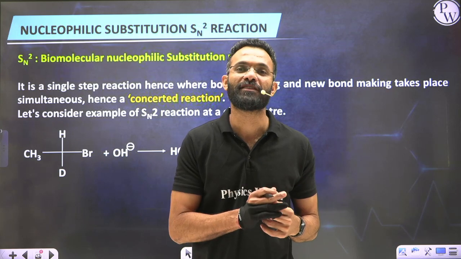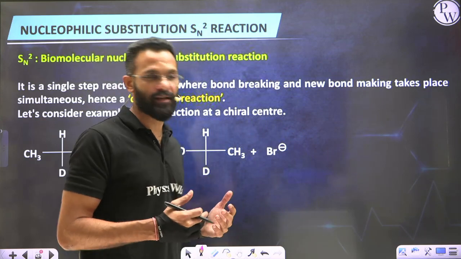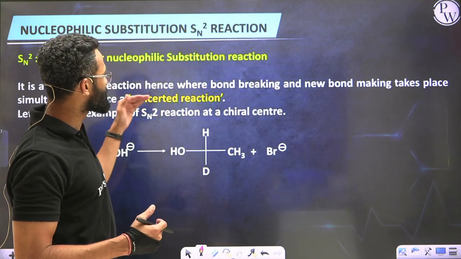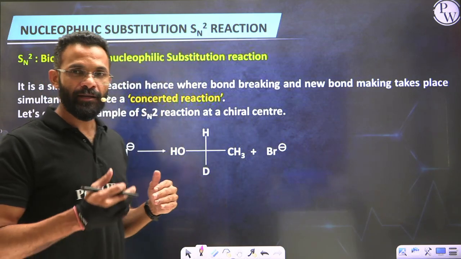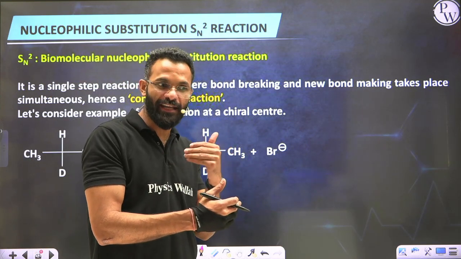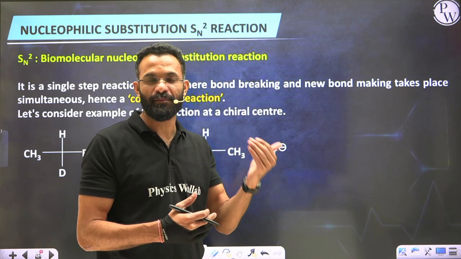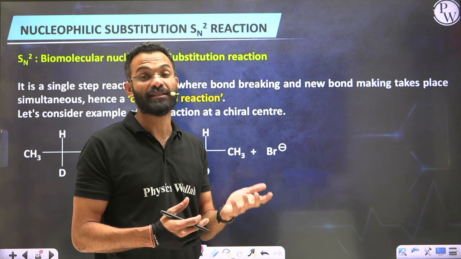Here the key feature is that SN2 is a concerted reaction mechanism. When I say the term concerted, it means the breaking of a bond and the making of a new bond take place simultaneously. You call it a concerted step.